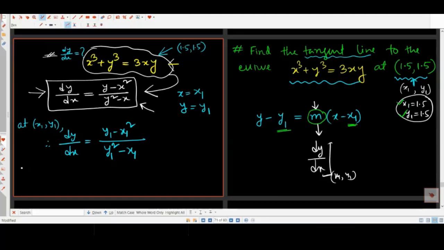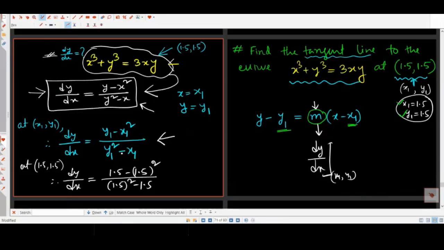So at (1.5, 1.5), dy/dx will be (1.5 minus 1.5 squared) over (1.5 squared minus 1.5). We have just plugged in the values of x1 and y1, both 1.5. If we calculate this, we get negative 1. So dy/dx at (1.5, 1.5) becomes negative 1. This is the value of m, what we know as the slope.